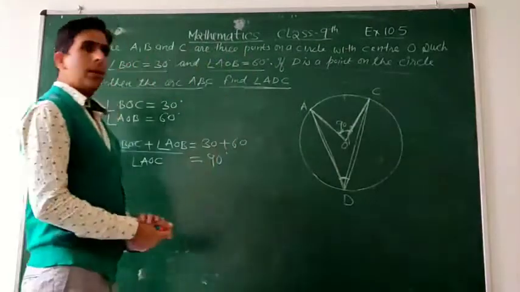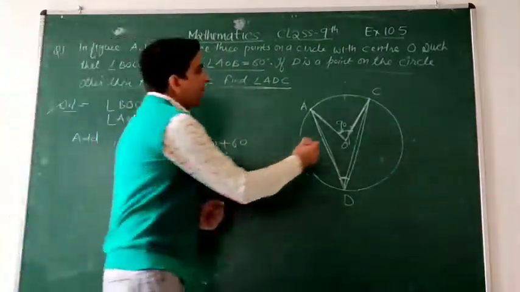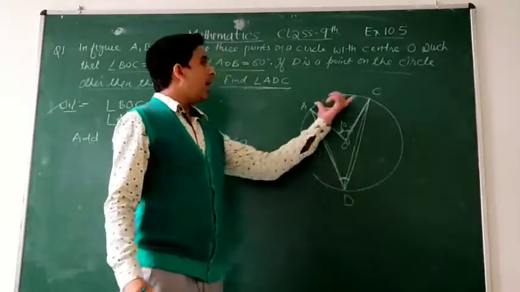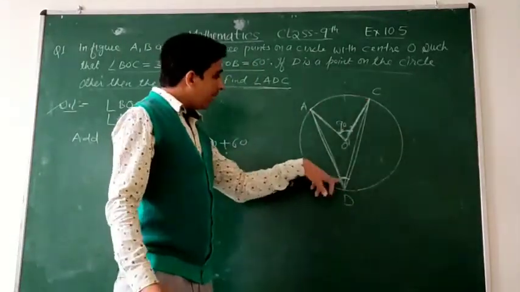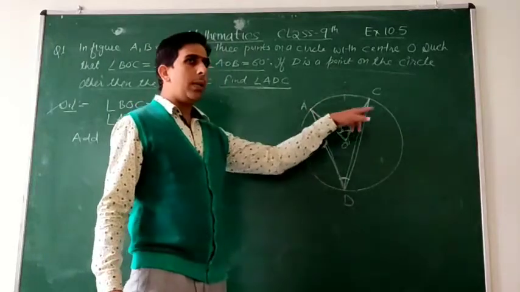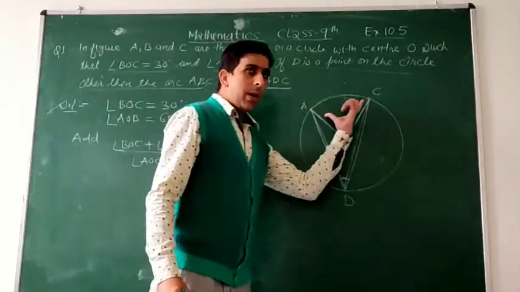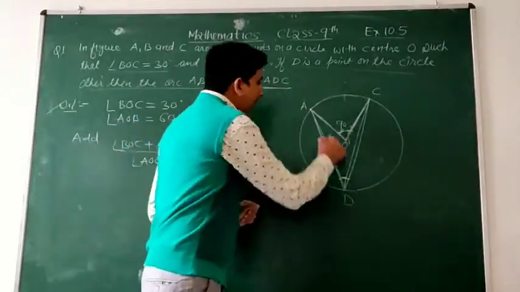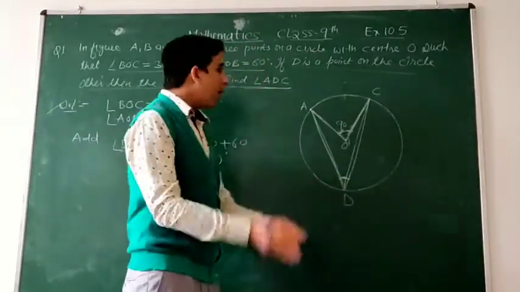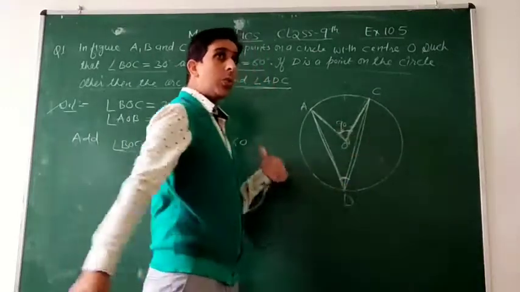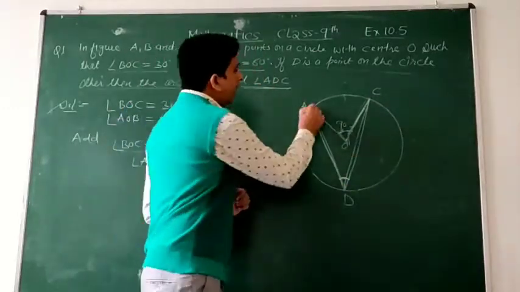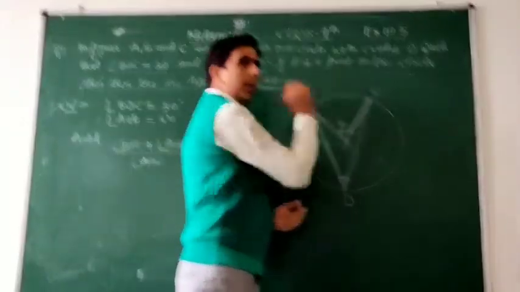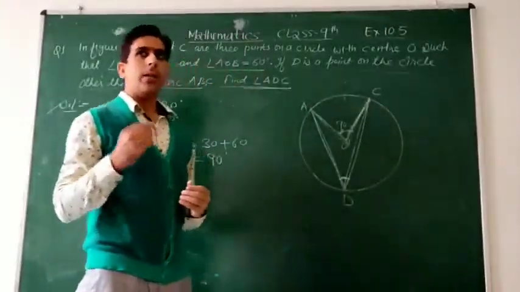Now remove B. You can see angle O is the angle at the center by arc AC, and angle D, which is angle ADC, is by the same arc at the remaining part of the circle. So angle ADC is half of angle AOC, or angle AOC is double of angle ADC by theorem 10.8.